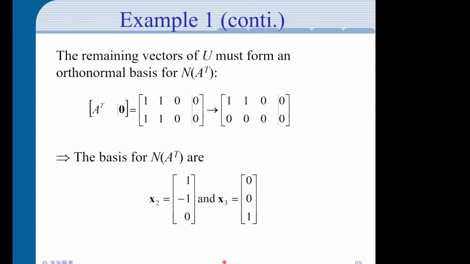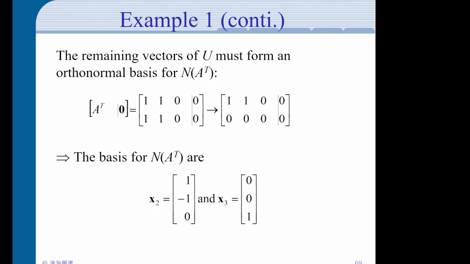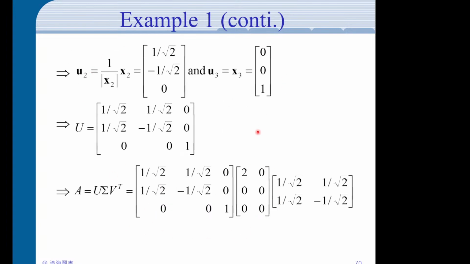So you can find the vectors in the null space of A transpose. You see that they are all orthogonal to your U1, and then you make them orthonormal to each other, and then you get your U.